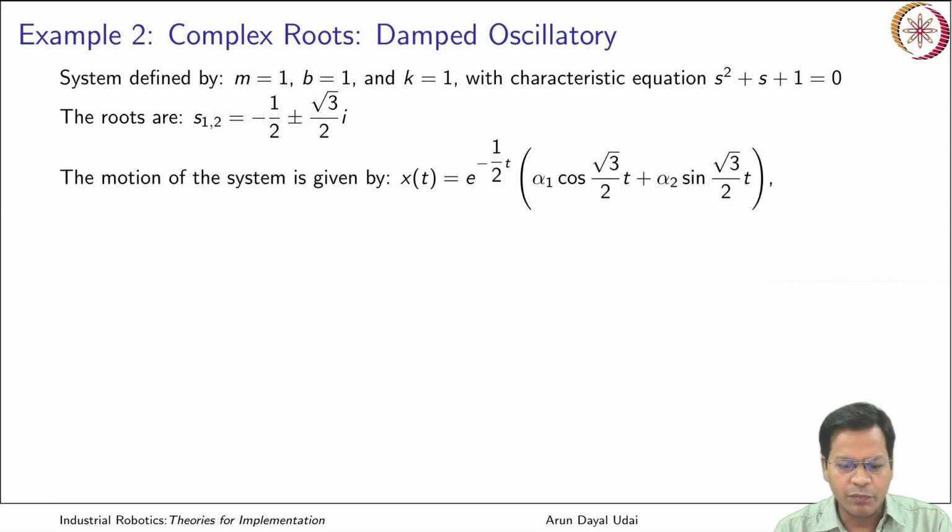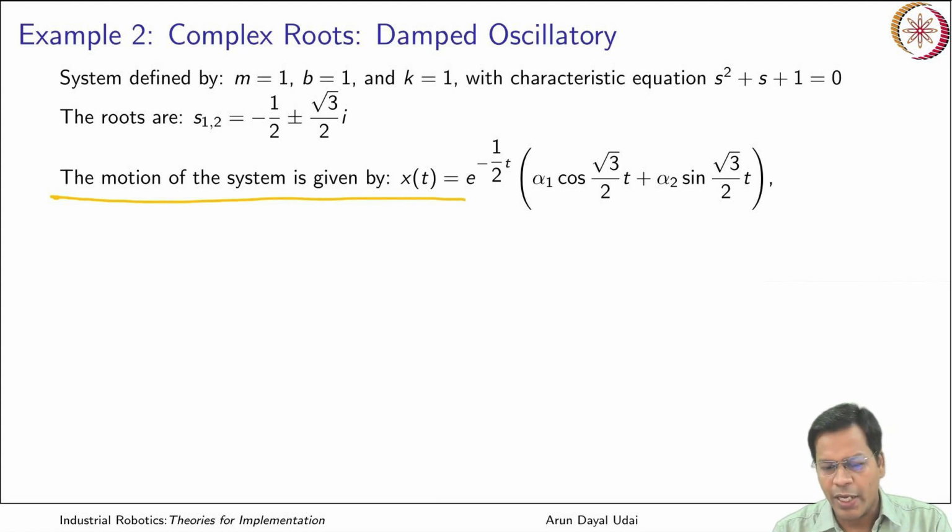The motion of the system will be given as x(t) is r e to the power lambda t. You see r is 1 here, so e to the power lambda t, where lambda was minus 1 by 2, and plus minus mu. So mu will go here: mu t. So alpha 1 cos mu t plus alpha 2 sin mu t.